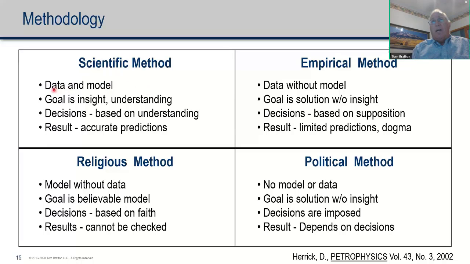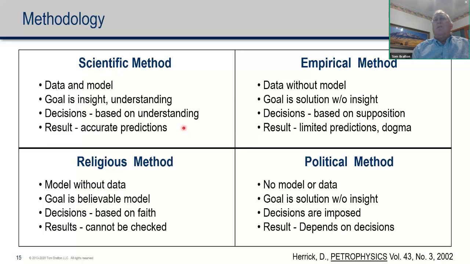And of course, we recognize that if we have data and we have a model, he called it the scientific method, where the goal is insight and understanding into the behavior, in this case, or into the mechanisms. The decisions you took would be based on that understanding, and the result was accurate predictions, which from a geomechanics point of view, that's where we're trying to go.